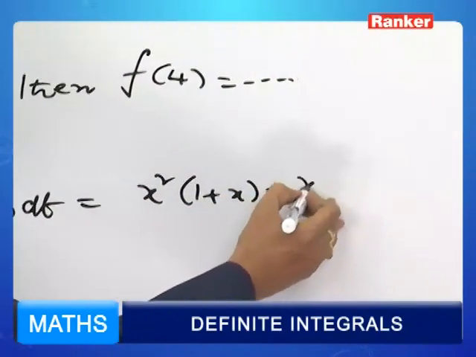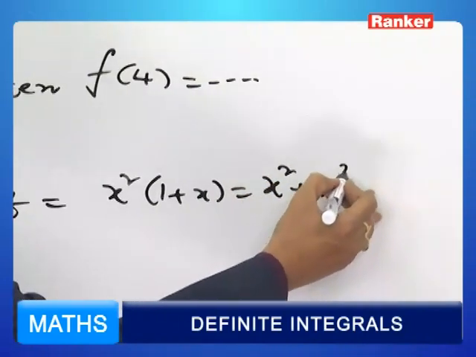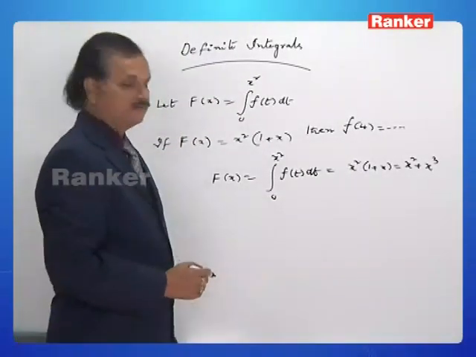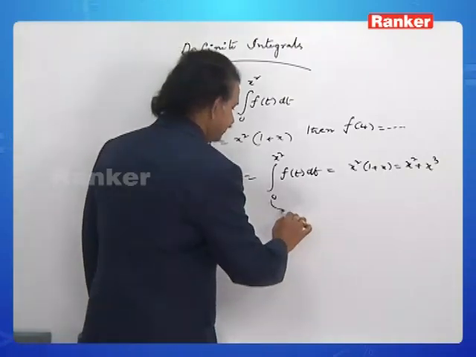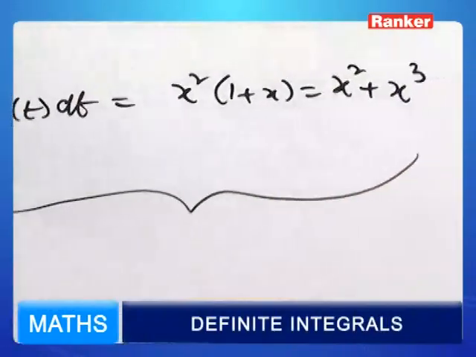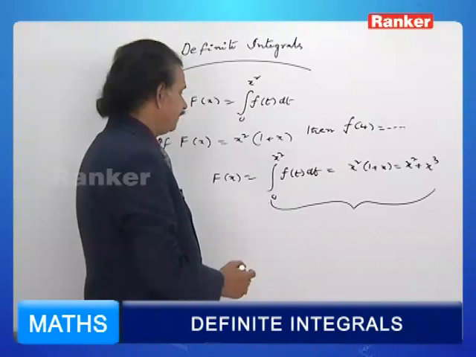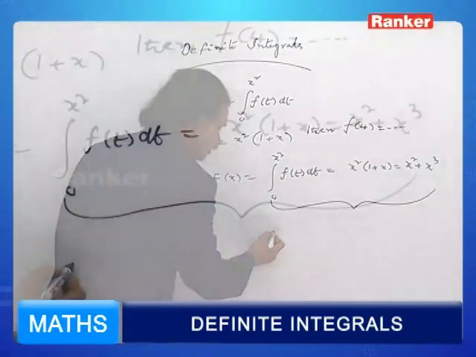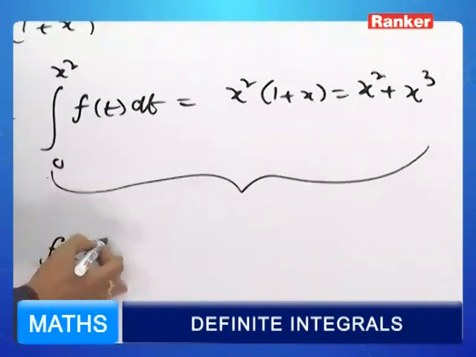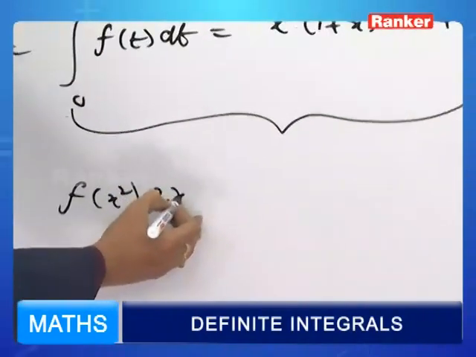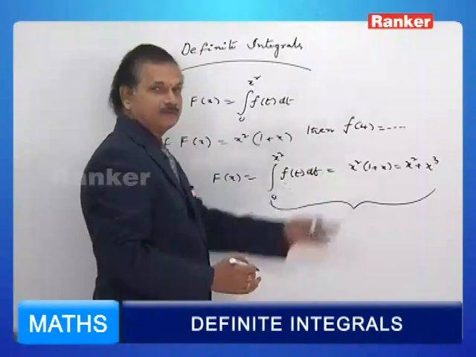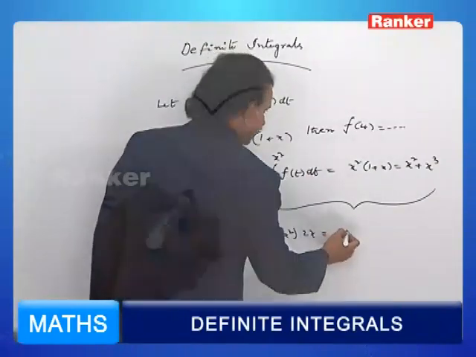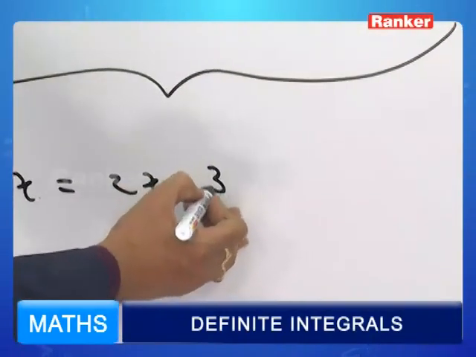That is, of course, x square plus x cube. Now, let us differentiate this on both sides with respect to x. The derivative of this by using Lagrange's rule is f of x square into derivative of x square, which is 2x, is equal to the derivative of x square, which is 2x, plus the derivative of x cube, which is 3x square.